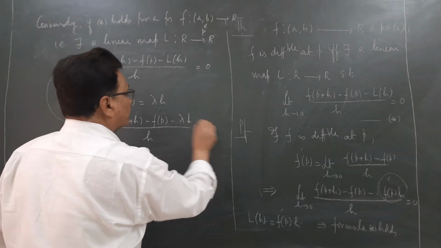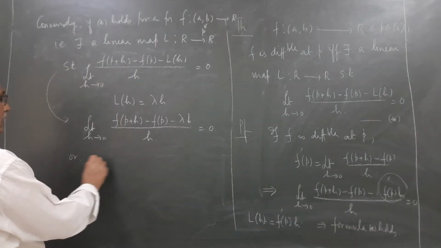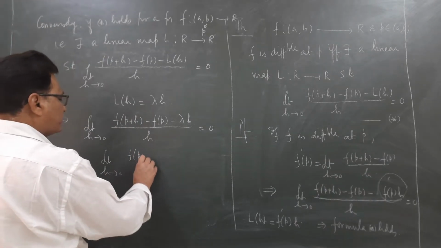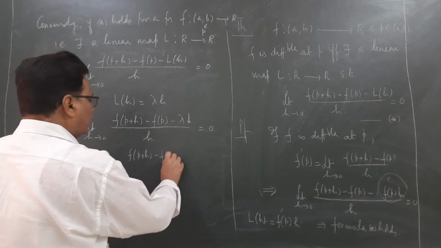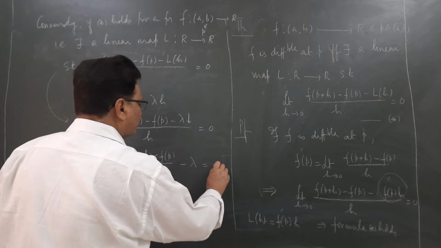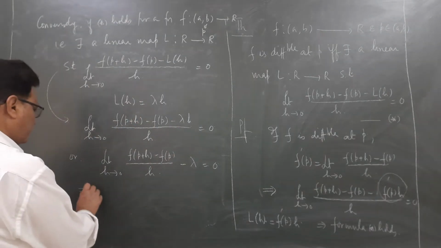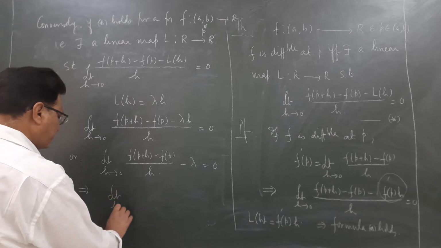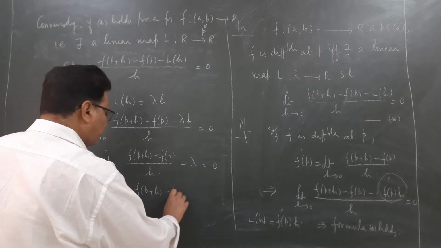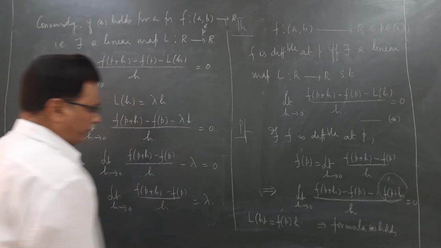This limit is 0, and this is the same as limit h tends to 0, (f(p+h) - f(p)) upon h minus lambda equal to 0. Or this implies limit h tends to 0, (f(p+h) - f(p)) upon h equal to lambda.